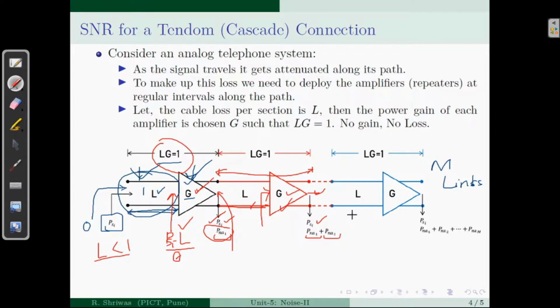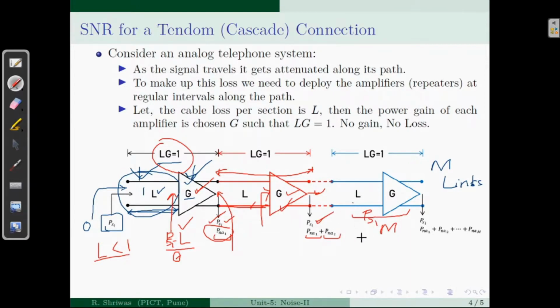If you see the last stage, that is my Mth stage, the input signal power has to be PSI, because as I said, this is not going to change.